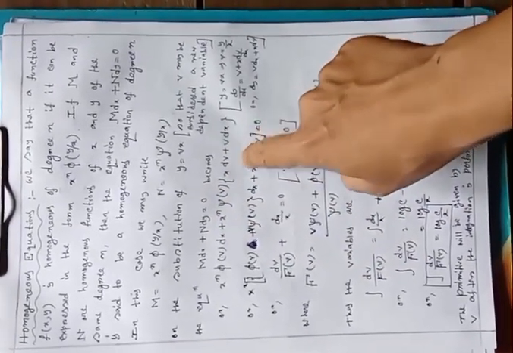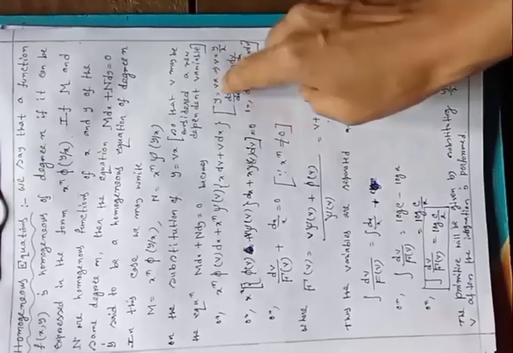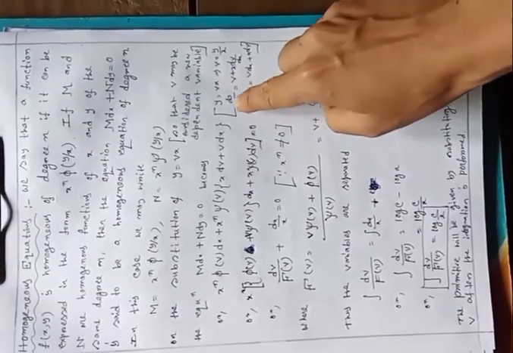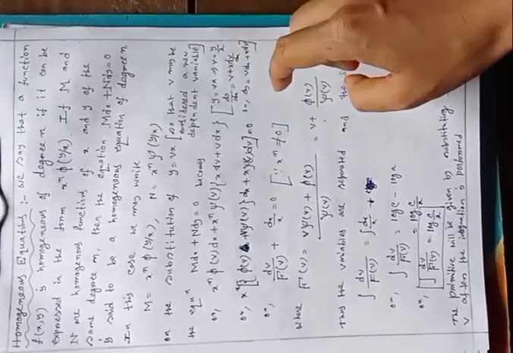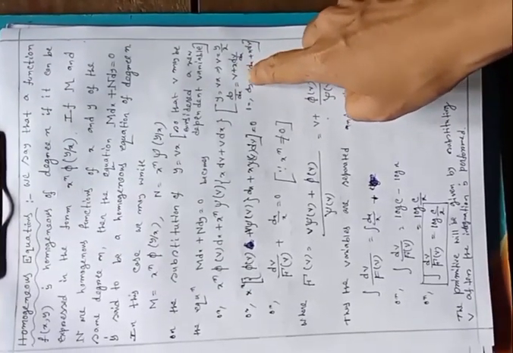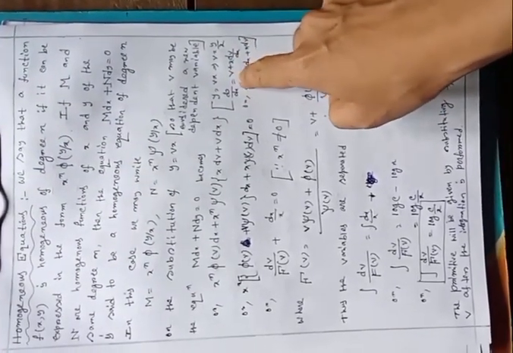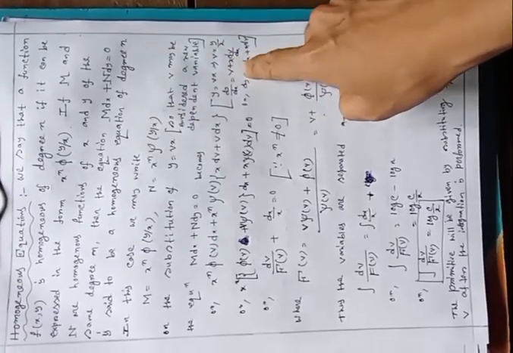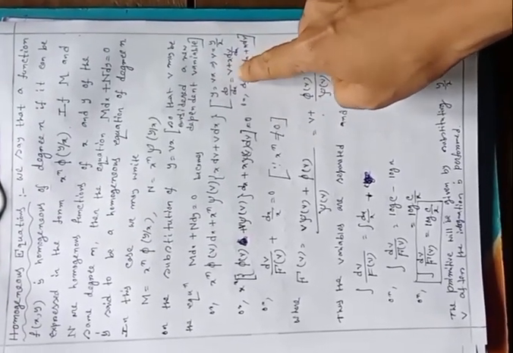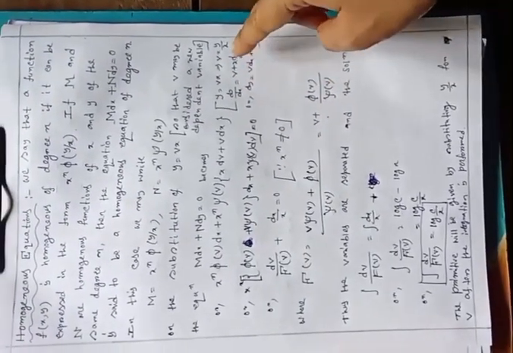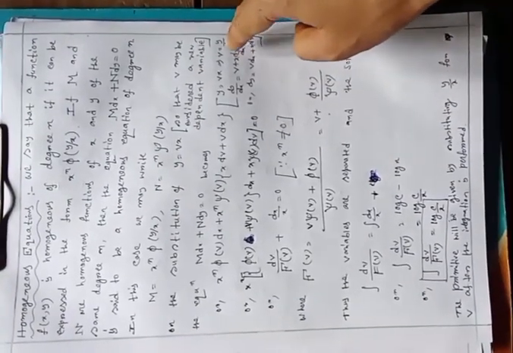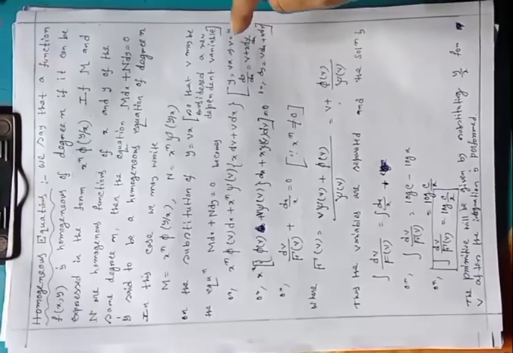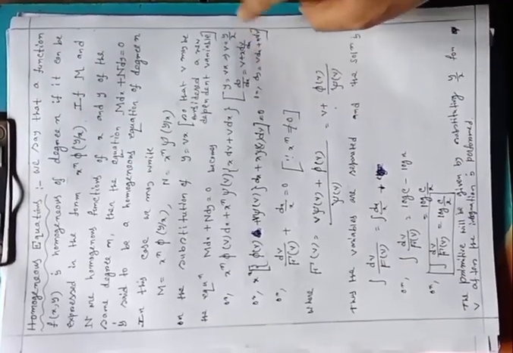How? Since y is equal to vx, dy by dx, which is differentiating y with respect to x, will give us v plus x dv dx, because v multiplied by d dx of x will give us v multiplied by 1, is equal to v plus x multiplied by differentiating v with respect to x, which gives dv dx, and multiplying dv dx with x gives x dv dx.